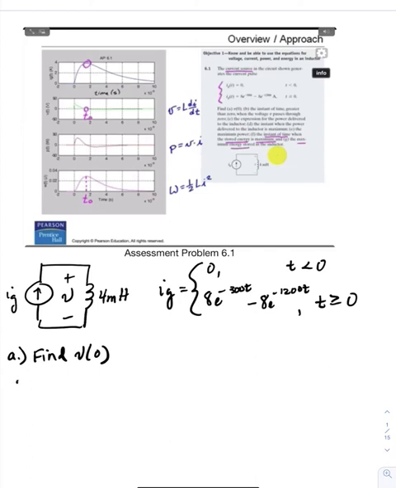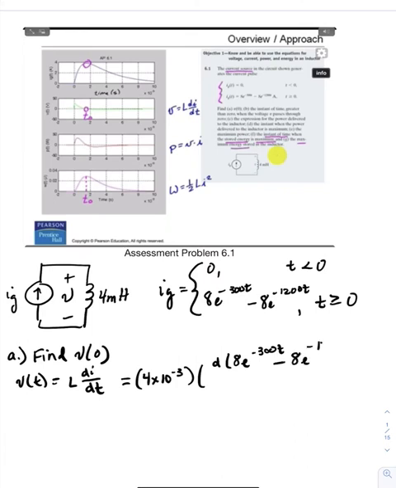So we know that V of t is equal to L di dt, which is equal to 4 times 10 to the minus 3 times the derivative of 8e to the minus 300t minus 8e to the minus 1200t, dt.